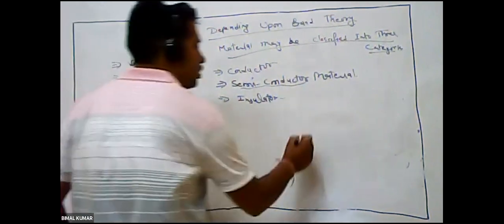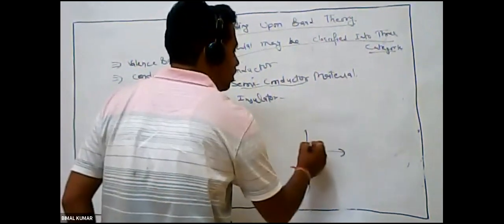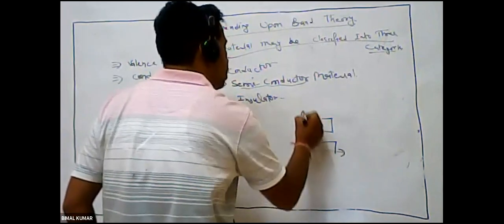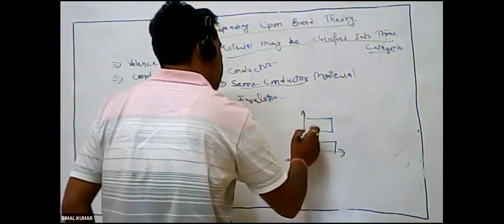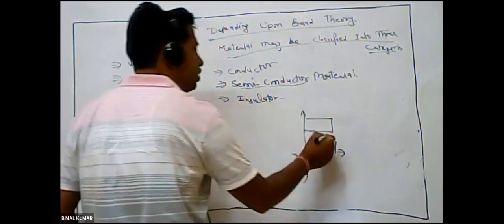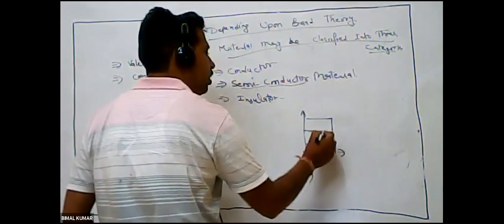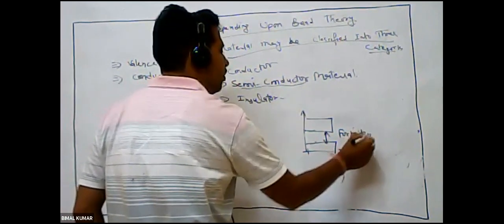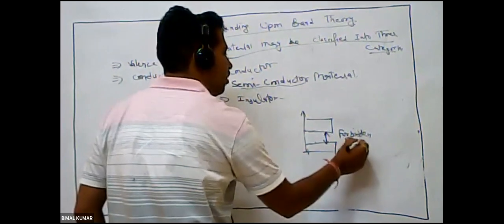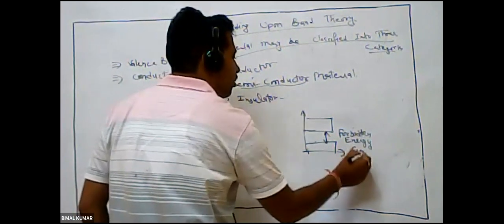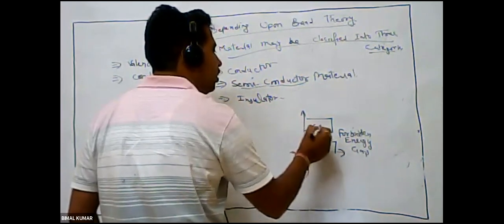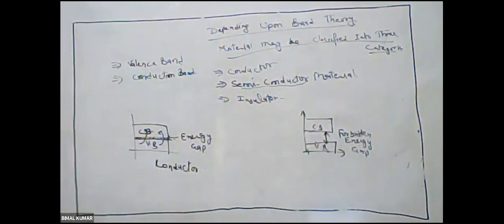right? Then the second category is if this forbidden energy gap between the valence band and conduction band is too large.